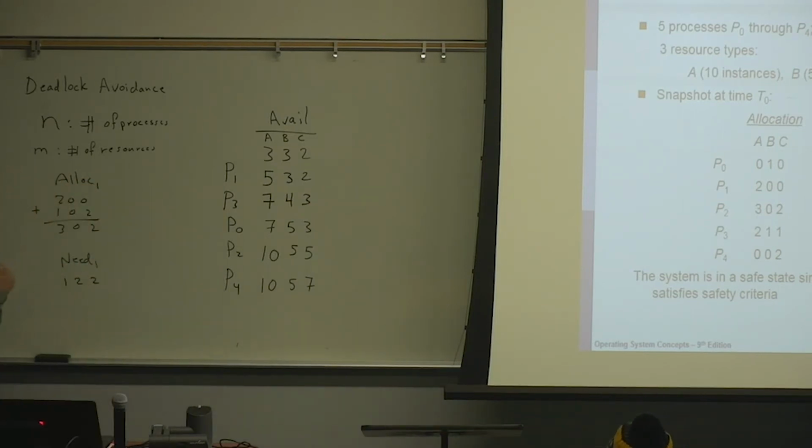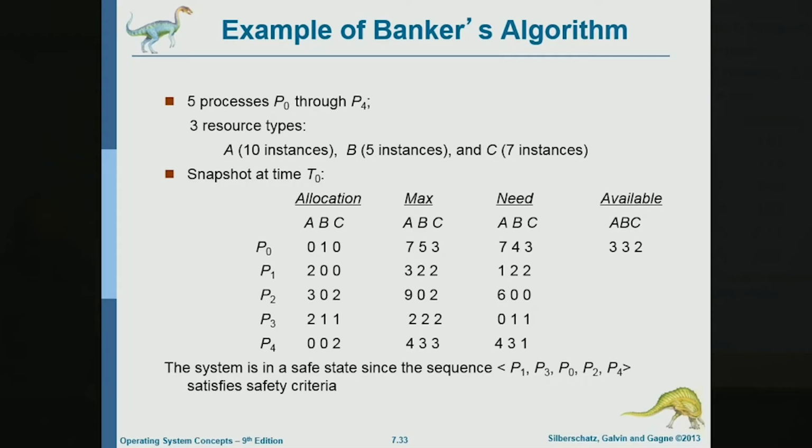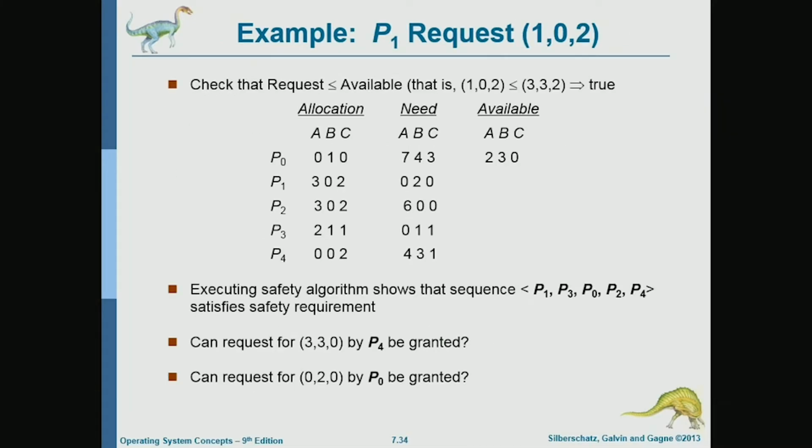Now we should subtract this from the need, because now it will no longer need these in the future. Now they have become its current allocation. So we subtract 102 from 122, and that gives us 020. So we update the allocation and the need of P1. The allocation becomes 302, the need becomes 020.